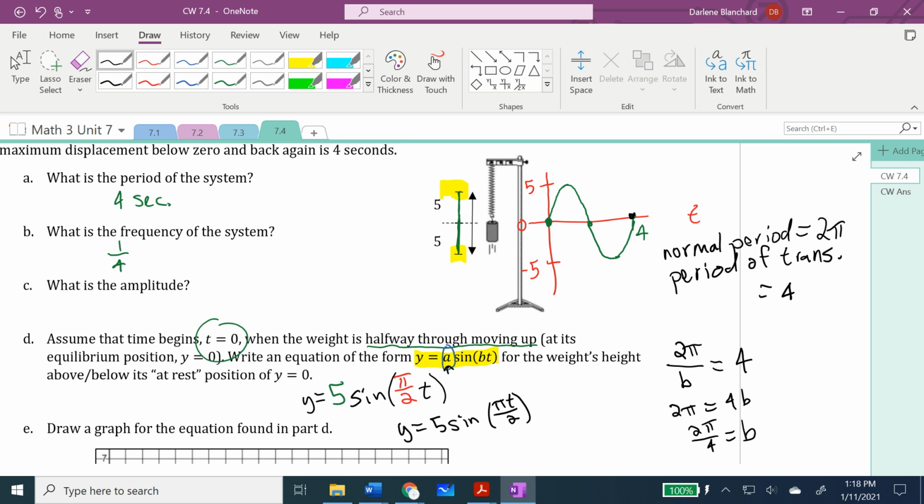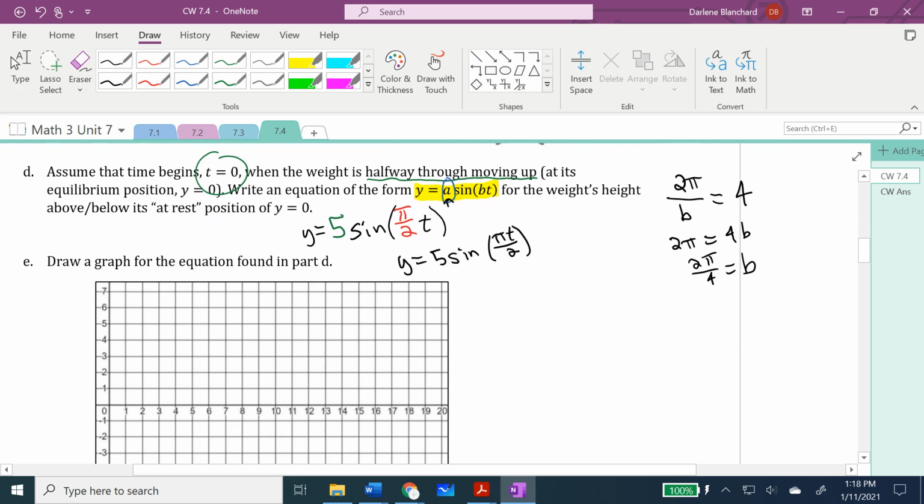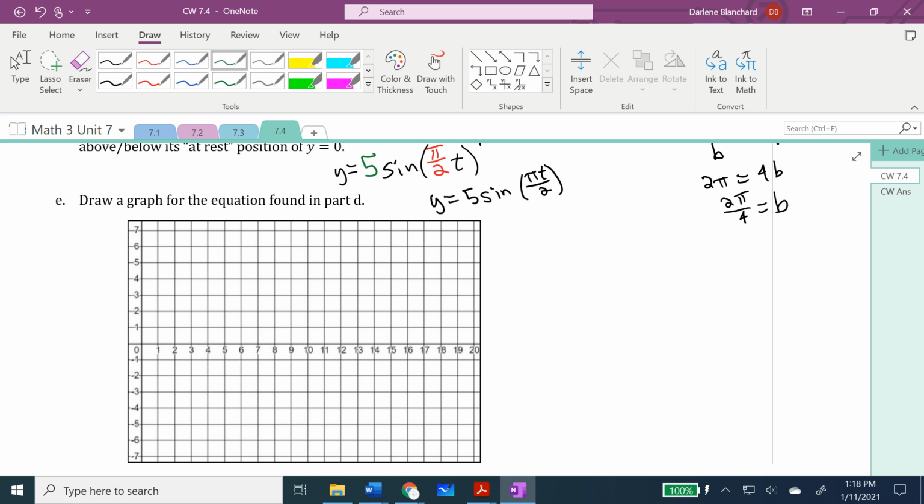All right, with that, we now move on to let's graph that equation, but on this grid. So I want to see that I have a full cycle with sine from 0 to 4, and it hits its highest y value.